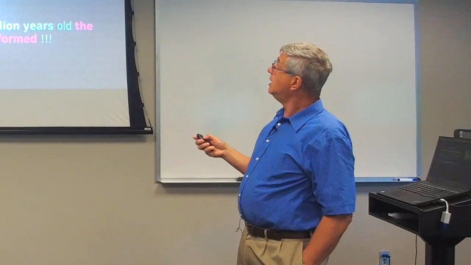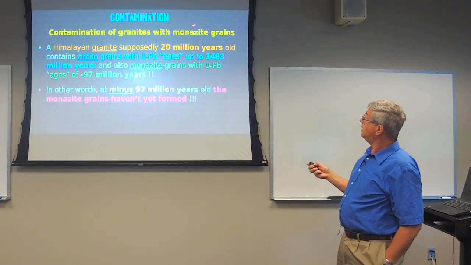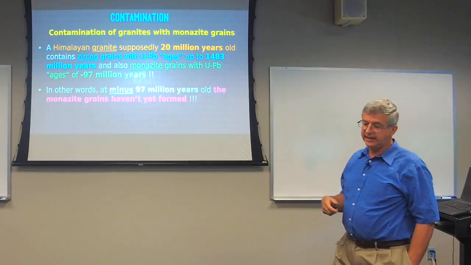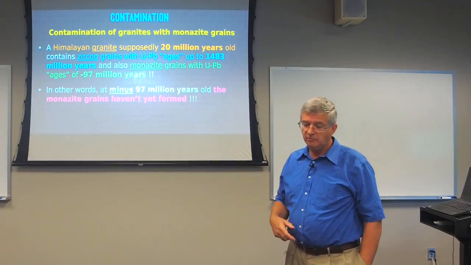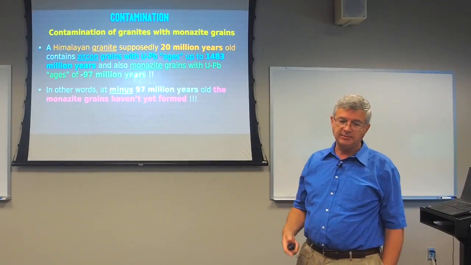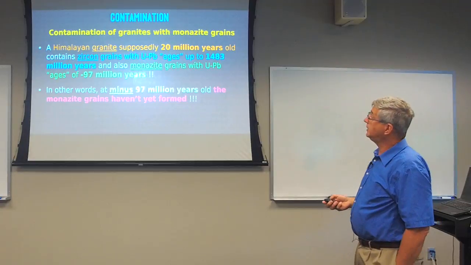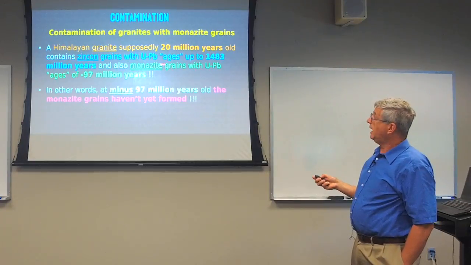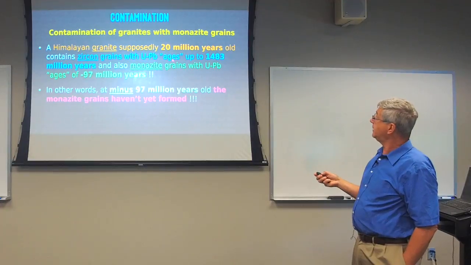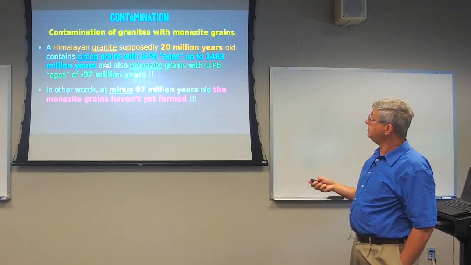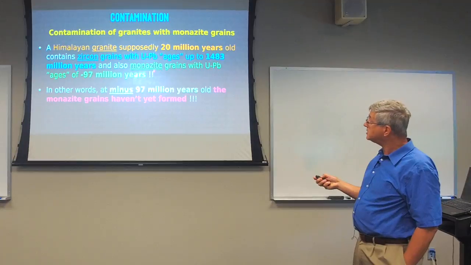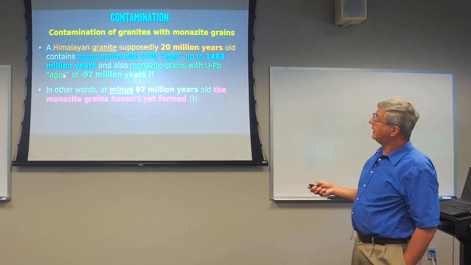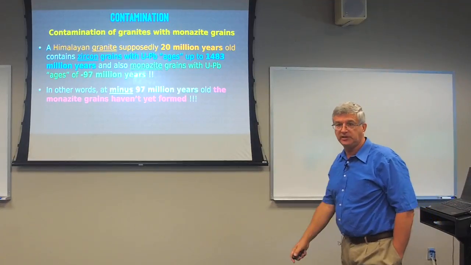But if that isn't bad enough, look at this example where we've got monazite, a phosphate mineral where you get substitution of uranium and thorium into it. A Himalayan granite supposedly 20 million years old has zircon grains with uranium-lead ages up to 1483 million years, but also has monazite grains with uranium-lead ages of minus 97 million years.